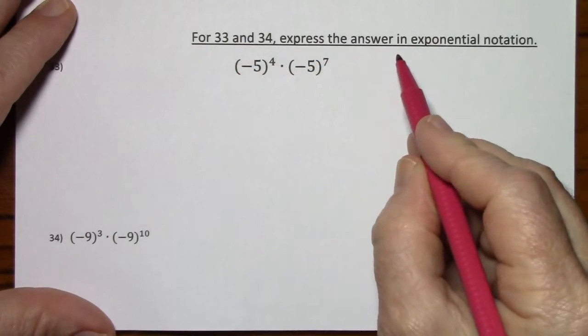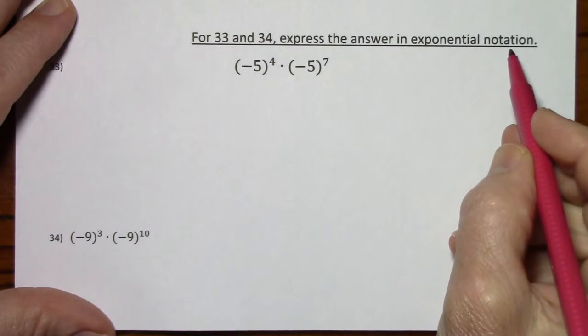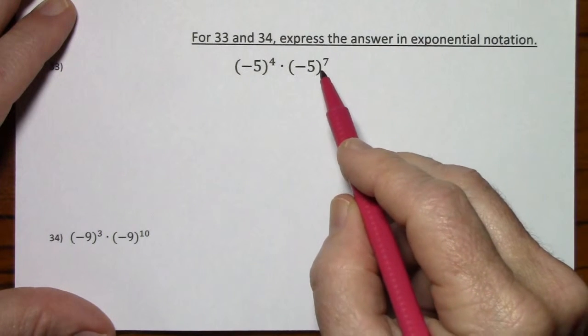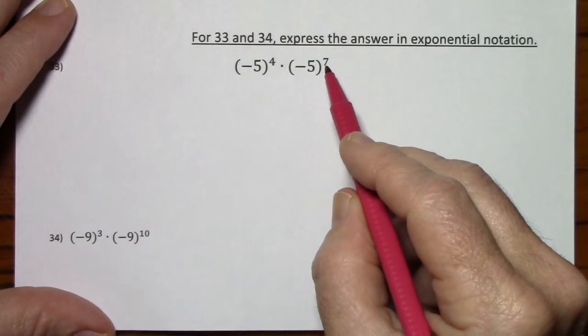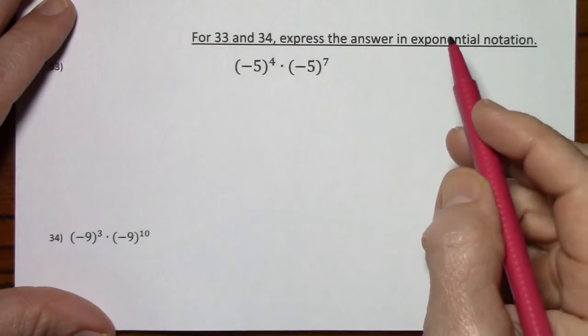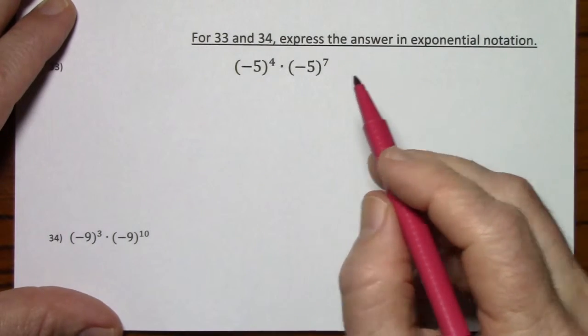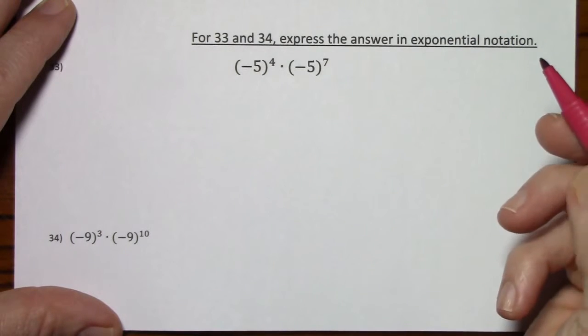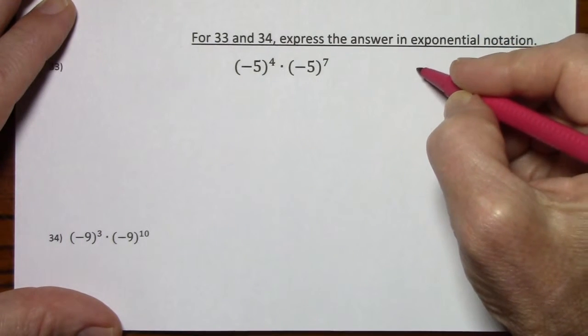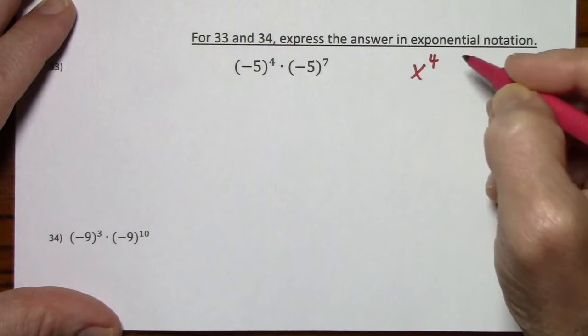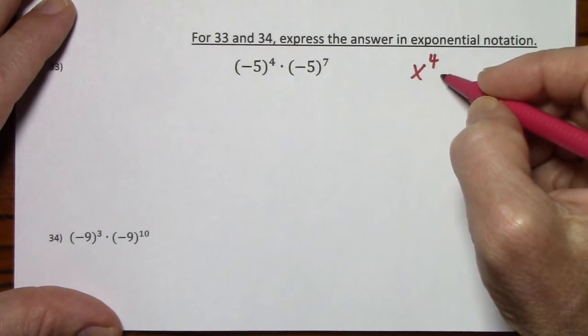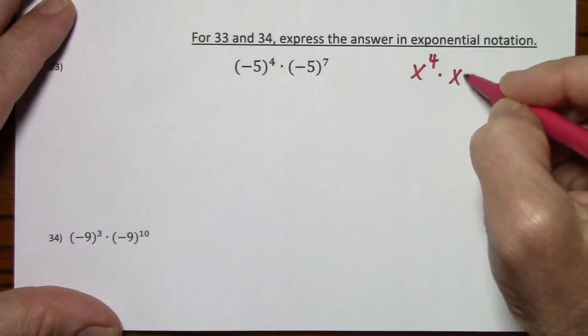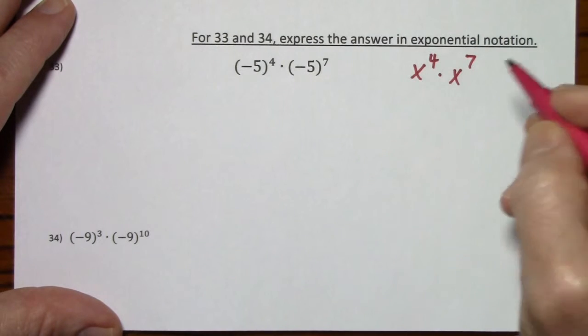Here they're asking us to express the answer in exponential notation. So I'm not supposed to calculate negative 5 to the 7th, fortunately, because that would be a very large number. This might look a little confusing, but it's very similar to if I had x to the 4th times x to the 7th.